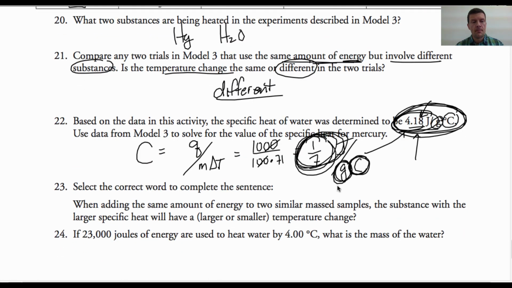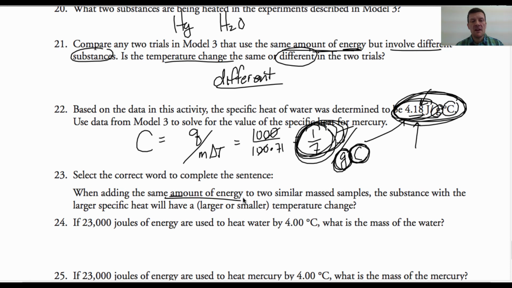Okay? When adding the same amount of energy to two similar massed, not same substances, but similar mass, the substance with the larger specific heat will have a smaller temperature change. A large specific heat means it's able to absorb a lot of heat and the temperature doesn't change.